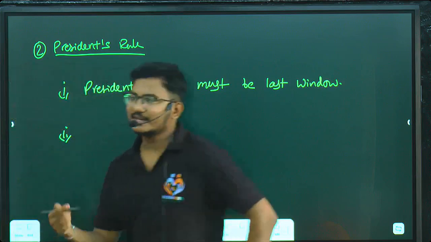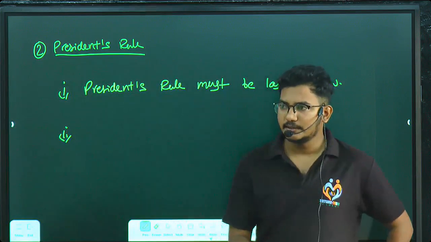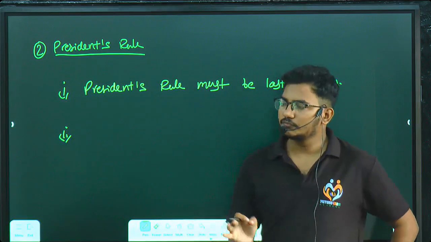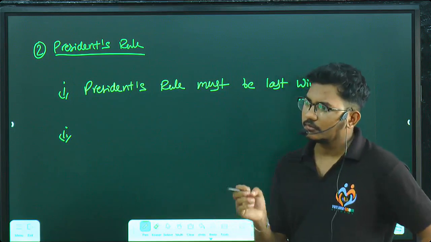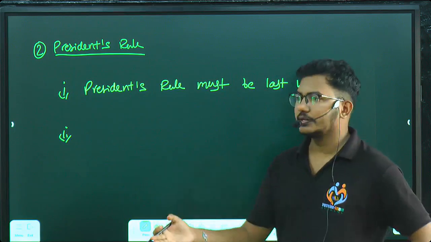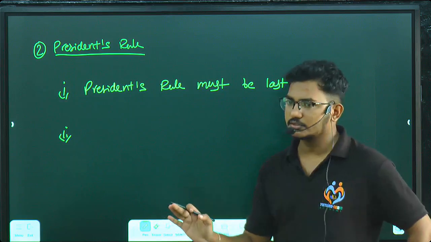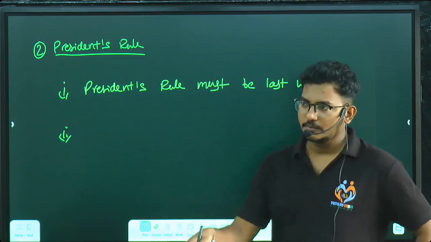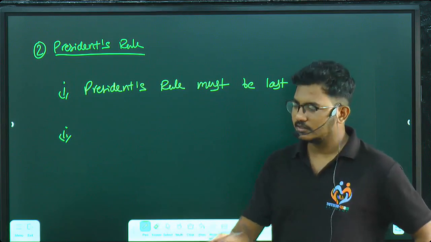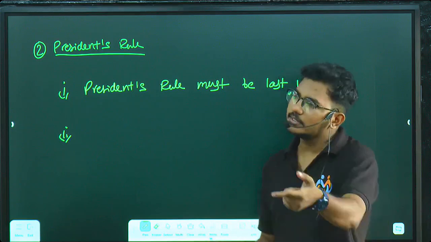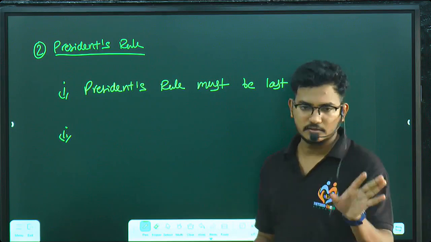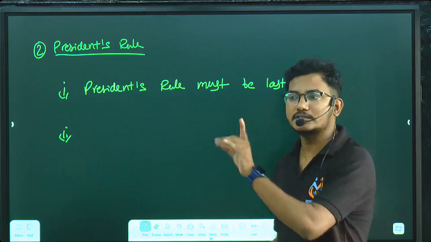If you feel that any state government is not in line with the constitution, first you give some warning. Later, if after the warning it is still not following the constitution, then go for president's rule. It is not the case that if you feel they are not following, you immediately go with president's rule. No, president's rule should be the last window.